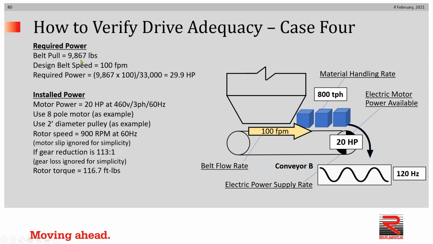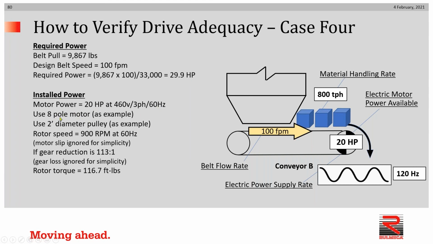We calculate through these parameters that a belt pull of 9,867 pounds is required. Belt pull times belt speed equals the required power, as we said previously, 29.9 horsepower. We have installed a 20 horsepower, which has been designed to run at 460 volt, three-phase, 60 hertz.